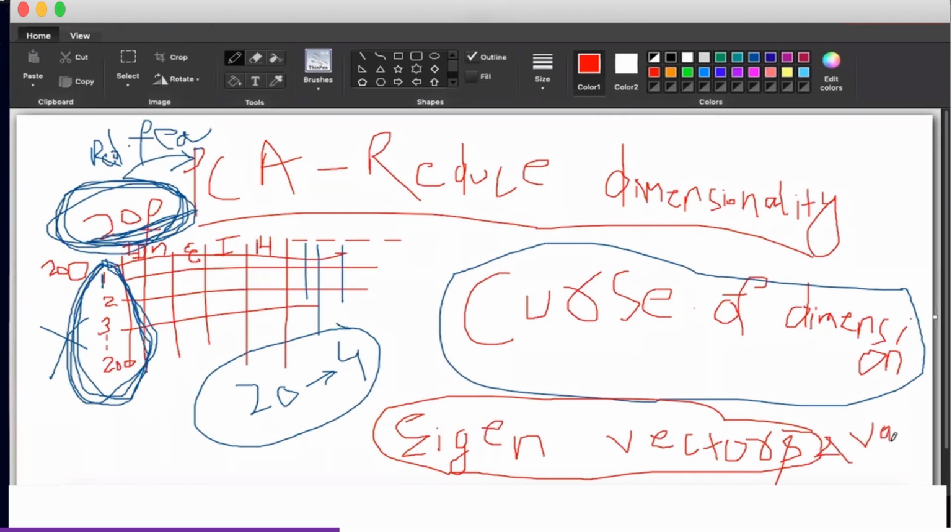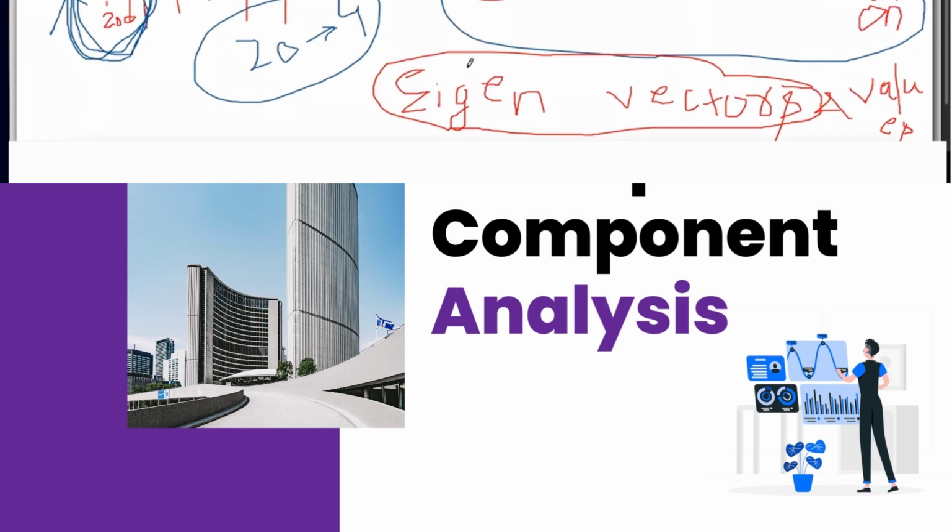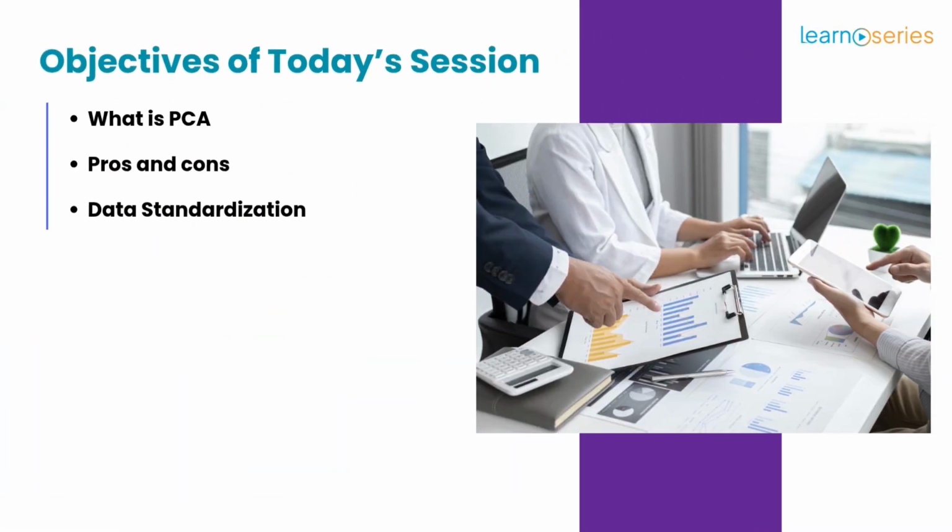There is math involved in how to calculate them, but for interview purposes and for your understanding, this is enough. So today's objective for this session: what PCA is, pros and cons, data standardization, and a case study.